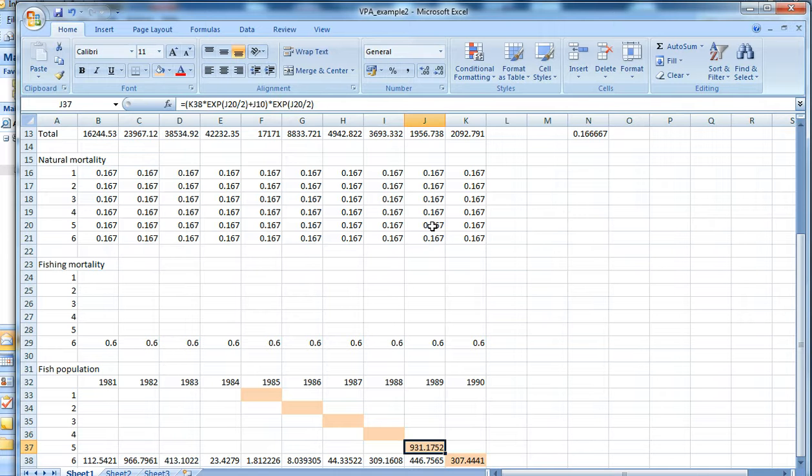Right, now if I copy that, you can see it's making some sort of sense because everything is going back up through. It's getting larger as they get younger, which is as it should.